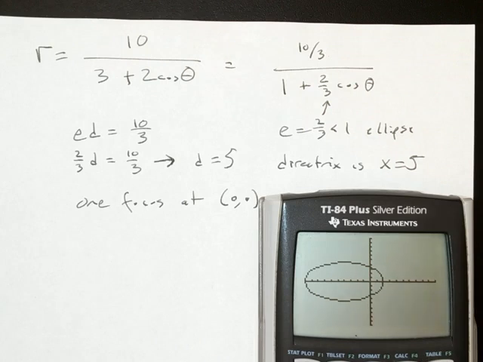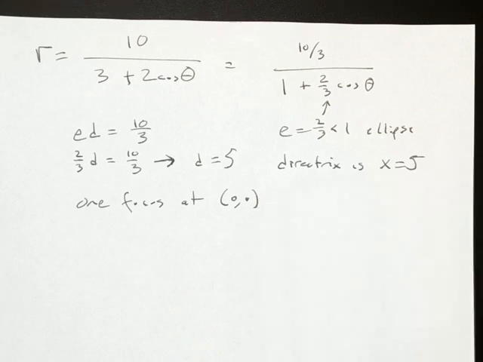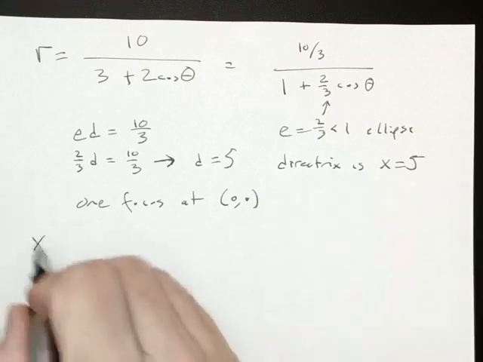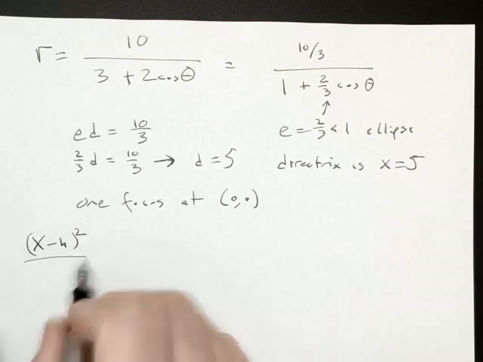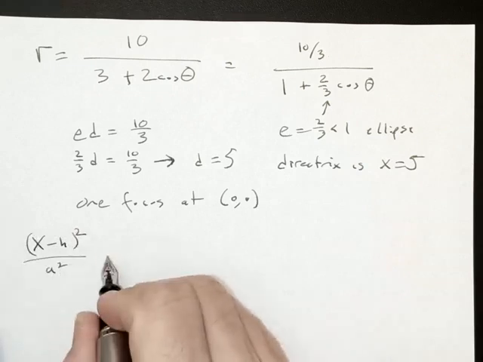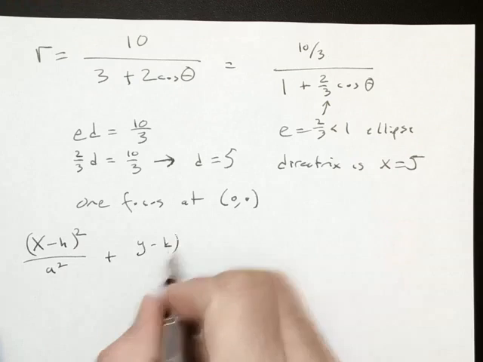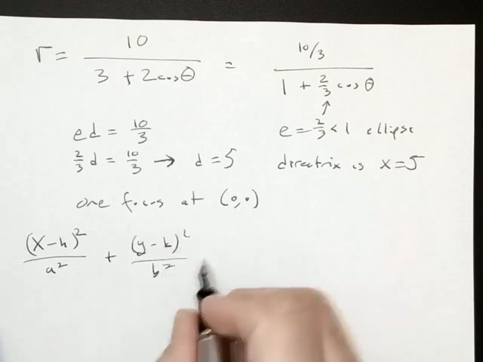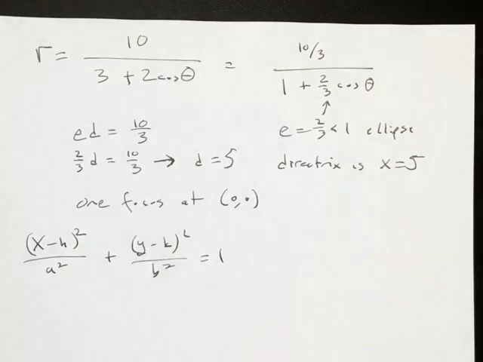Say that one again. (x minus h) squared over a squared, plus (y minus k) squared over b squared. And a bigger than b means a is the long direction, under the x. Great. So I know that this should somehow relate to this.